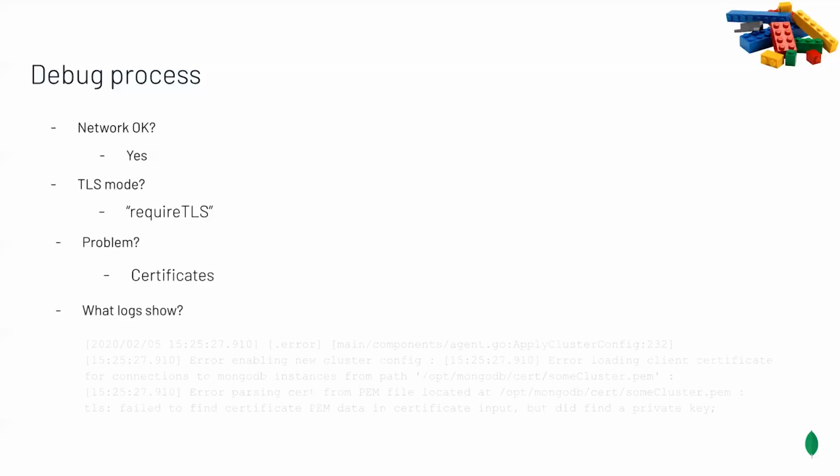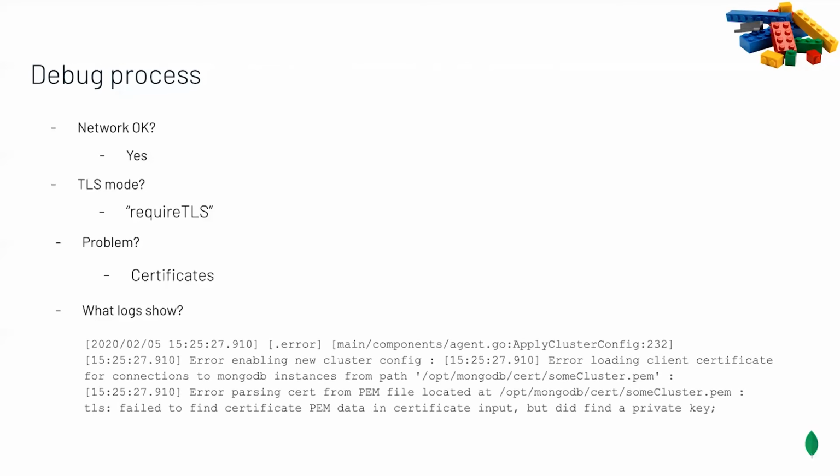What do the logs show? This is the error that was found in the mongod log, and it shows a problem with the PEM file, error parsing. There are 2 parts in the PEM file, which are the private key and the certificate itself. The private key could be found, which means there is a problem with the certificate input.